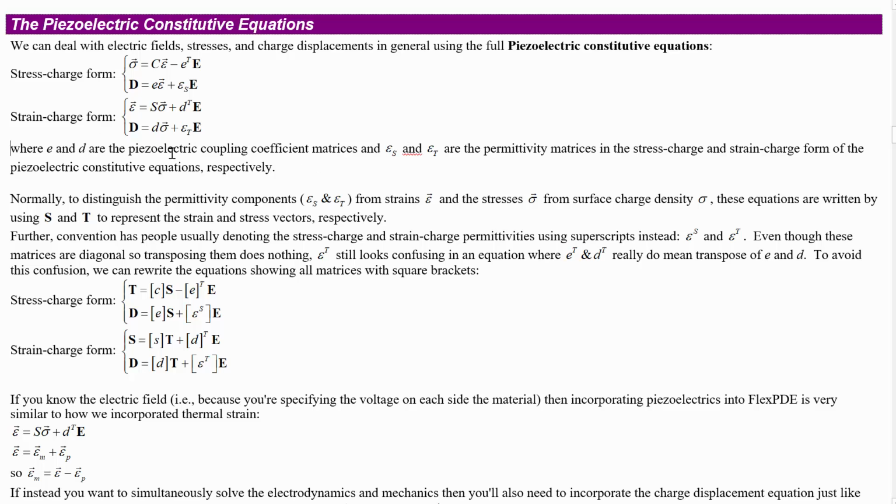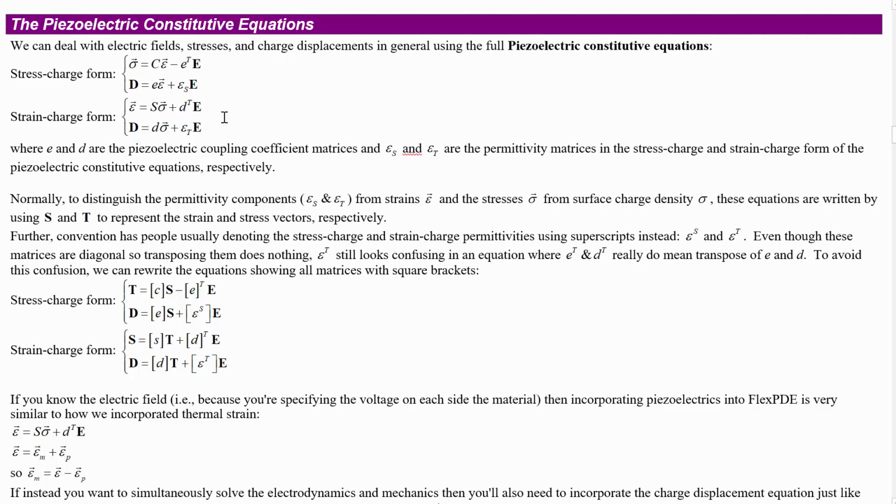Anyway, e and d are the piezoelectric coupling coefficient matrices. Epsilon S and epsilon T here are the things that go in front of the E field. So this is kind of confusing because we got epsilon doing double duty here. We have to always make sure to draw this vector if we keep wanting to use epsilon as the strain, because we also have the permittivity showing up again. So with permittivity being epsilon and strain being epsilon, we have to make sure to draw this vector on the strain so we don't get things confused. This is the piezoelectric coupling d matrix that we dealt with earlier, d transpose here, giving us the strain.